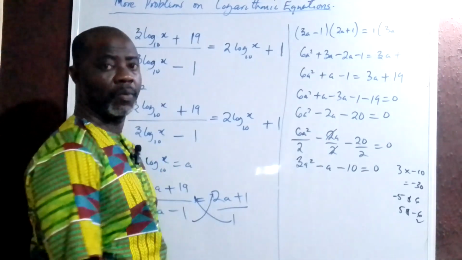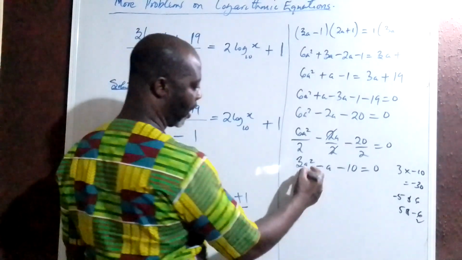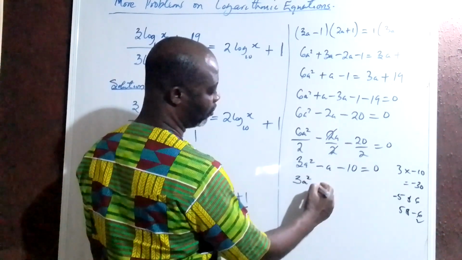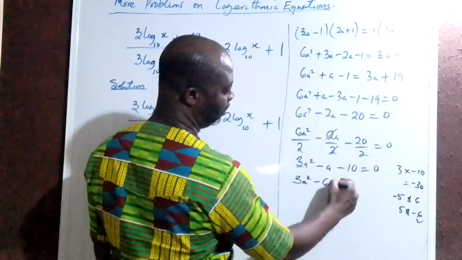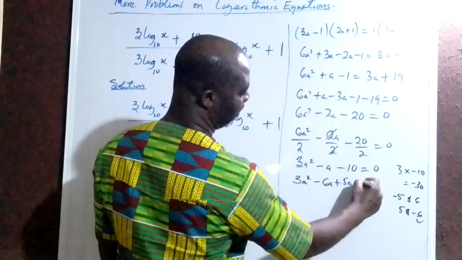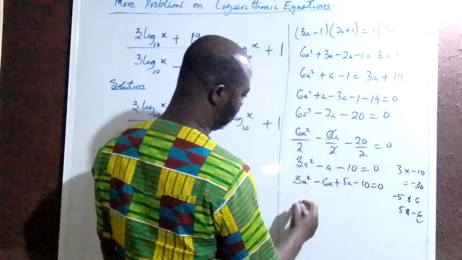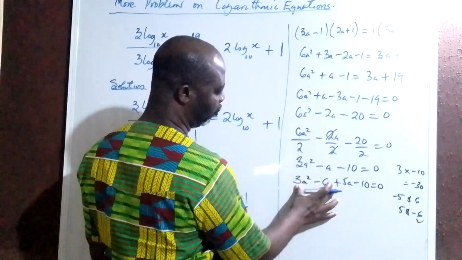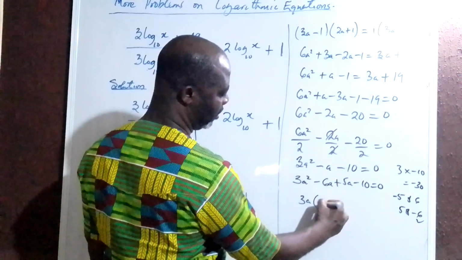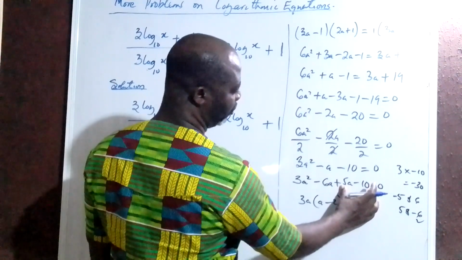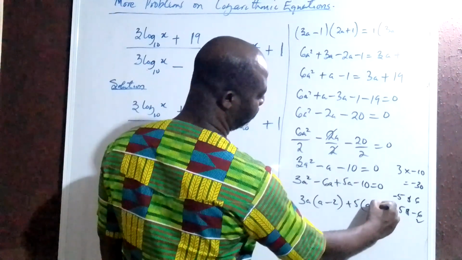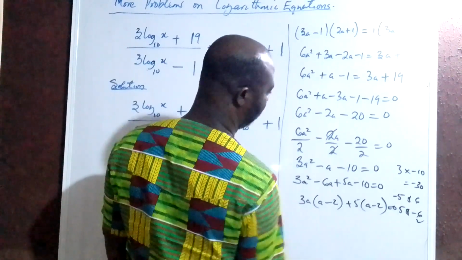So with that, we can simplify this to 3a squared minus 6a plus 5a minus 10 equal to 0. So 3a is common between these two, so we have a minus 2. Between these two we have 5, then a minus 2 equal to 0.